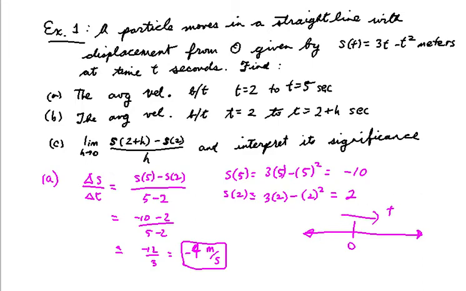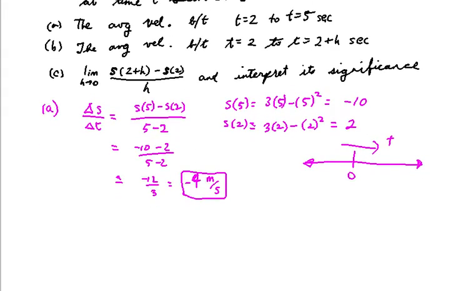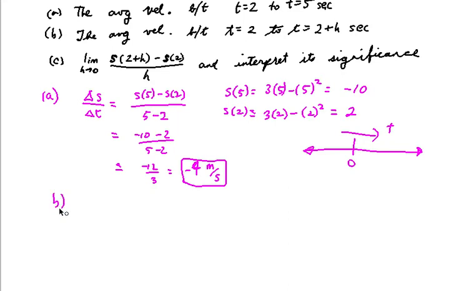All right, let's look at the average velocity between these two other points. So what's my average velocity for s of 2 plus h minus s of 2 all over 2 plus h minus 2? Well, if I expand this out, let's go ahead and find s of 2 plus h.